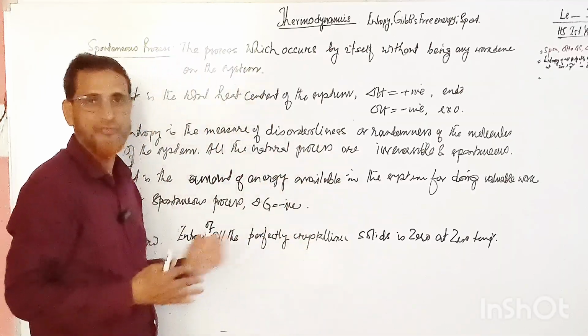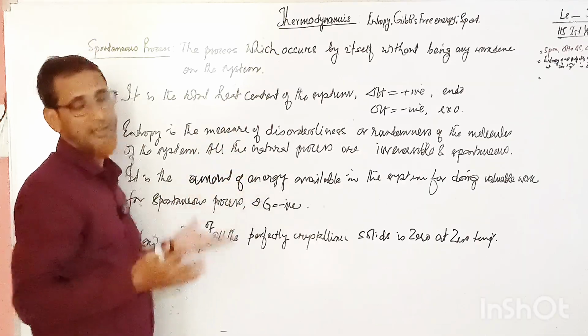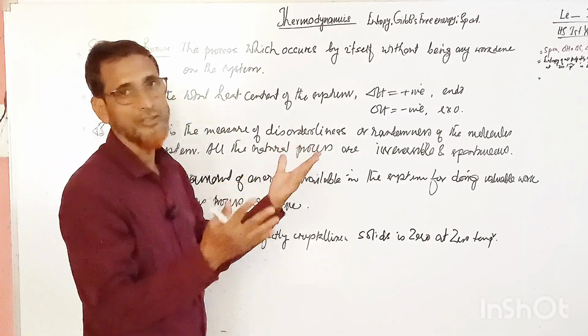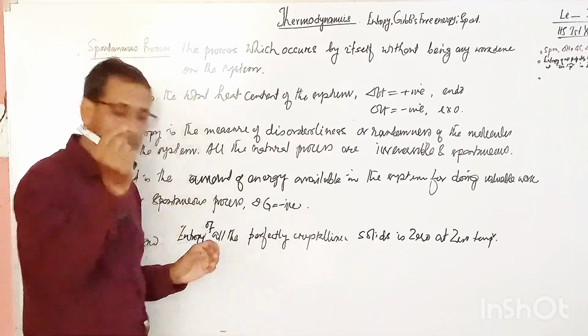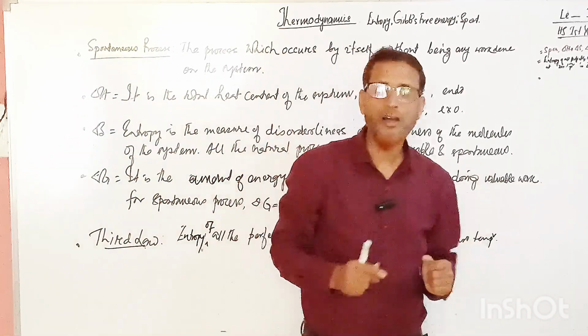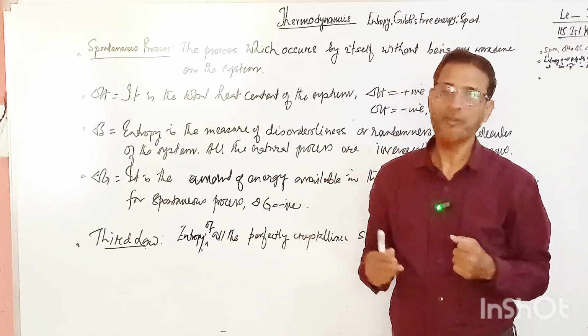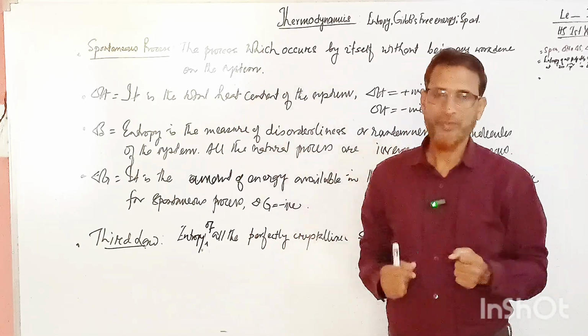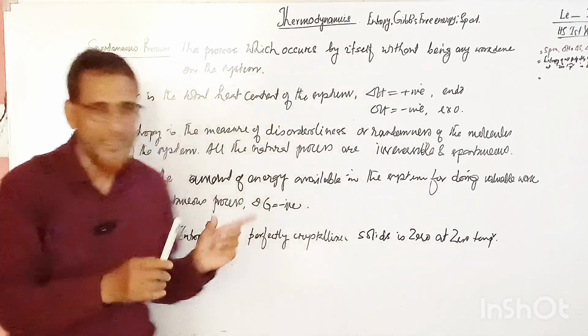Now how is it free and how is it available? That amount of energy is available and it should be free to do some valuable work; this is called Gibbs free energy. Let me give some examples. In a galvanic cell, you have seen that one is an anode and the other is a cathode, and there are some solutions.